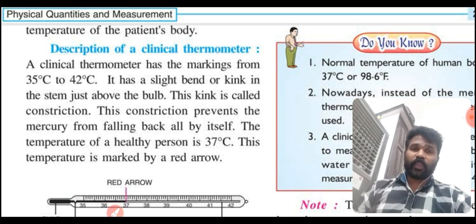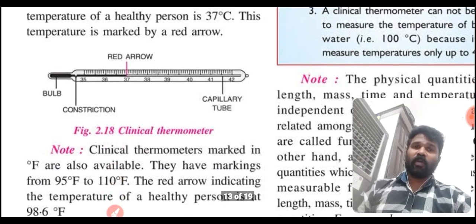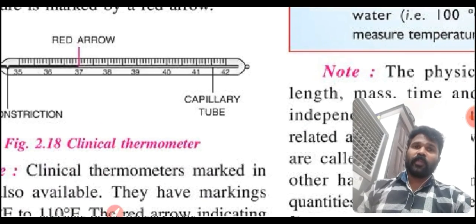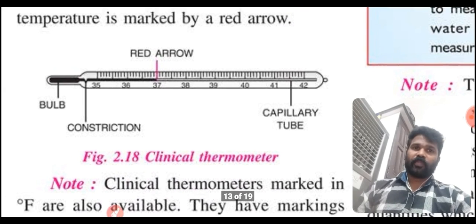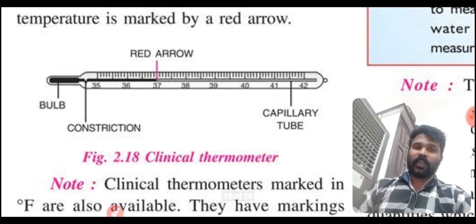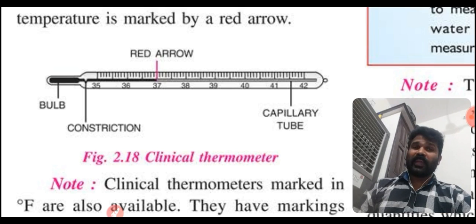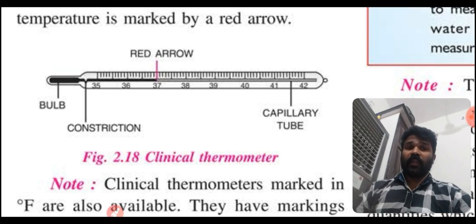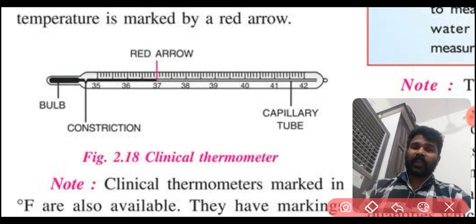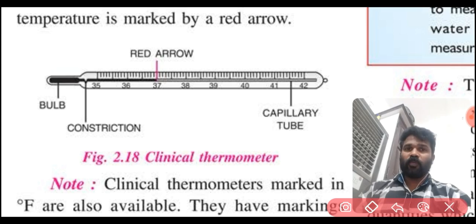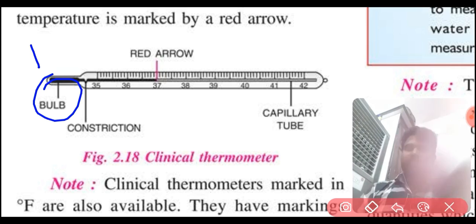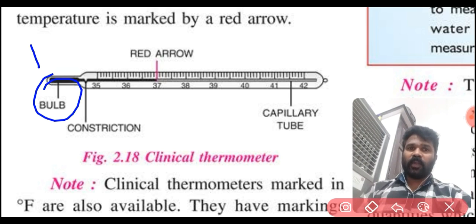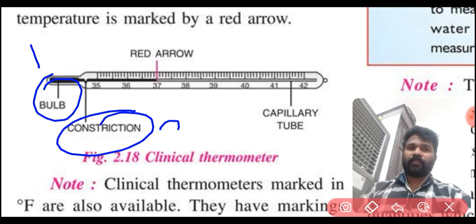Okay, students, now we can have a look at the diagram of a clinical thermometer. Figure 2.18. It is a clinical thermometer. There are different parts of a clinical thermometer. First one, bulb. Second one, constriction.